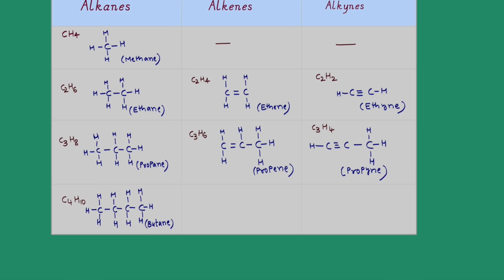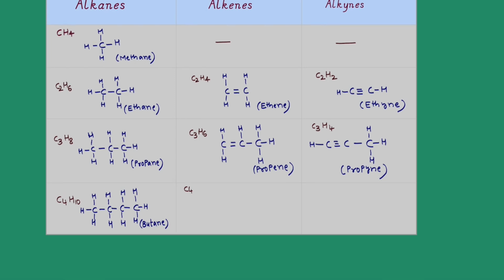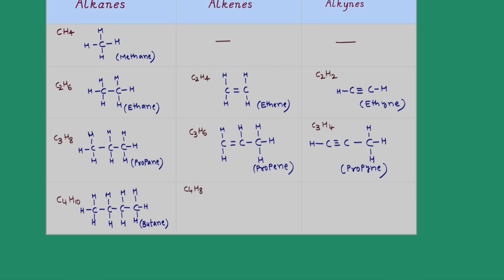Butane is over. Now let us try butene. C4H8, exactly double. Again, like before, we have to draw four carbons, 1, 2, 3, 4. Between the first carbon and the second carbon we will draw a double bond, remaining single bonds.